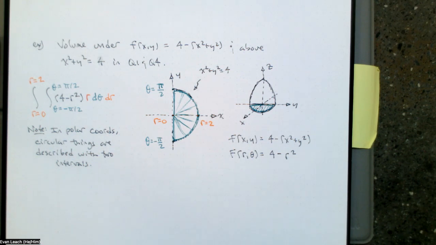This is different from rectangular coordinates, where rectangular things are described with two intervals.